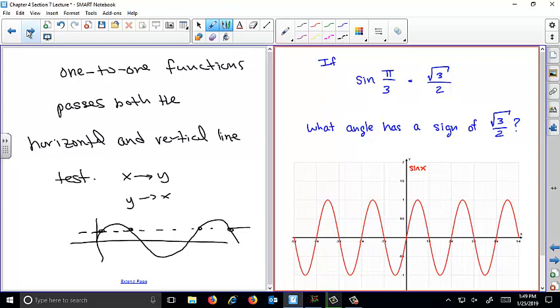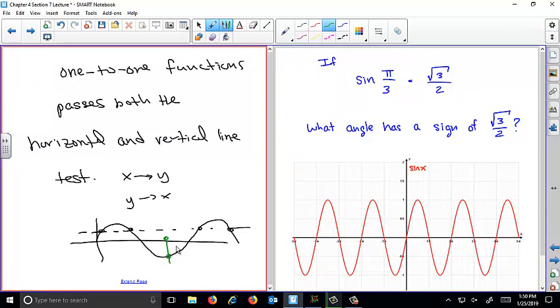If you went the other direction, and asked what angle has a sine of the square root of 3 over 2 instead of what is the sine of pi over 3, here for each value of x, there's always just one value of y. But for each value of y, there are multiple values of x.